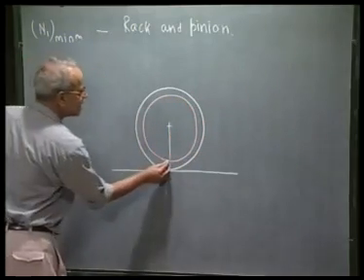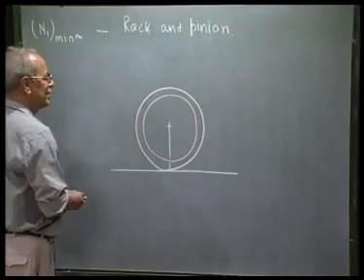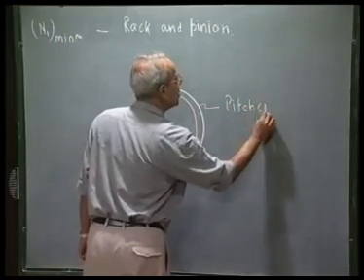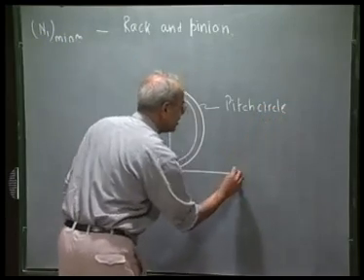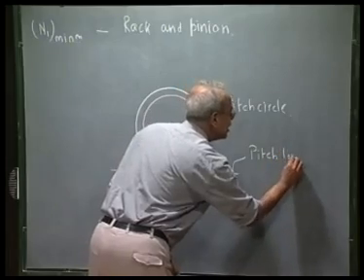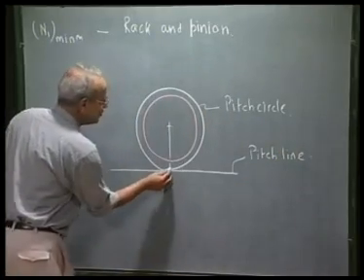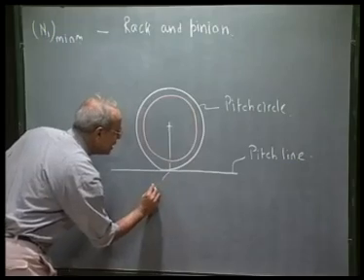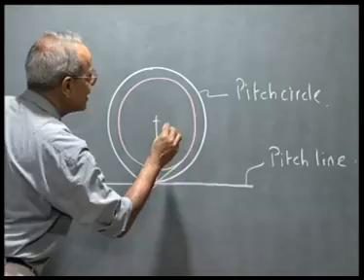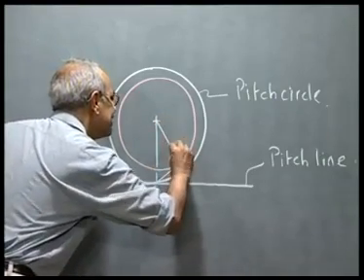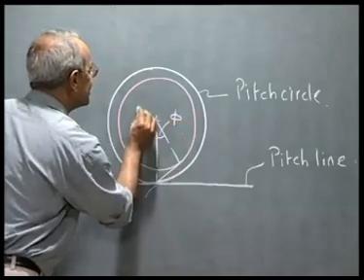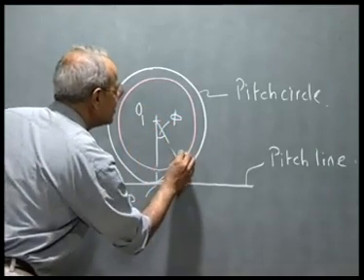This is the base circle of the pinion. If I draw from this pitch point P a tangent to the base circle, this angle is phi. This is O1.